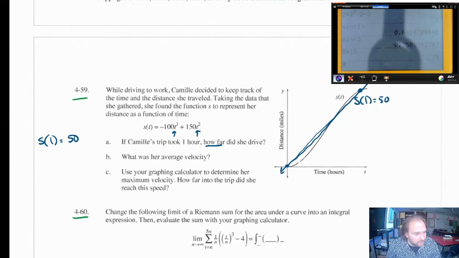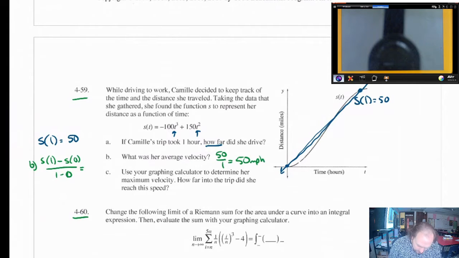Sorry, I had kind of a brain fart. So all we really got to do, if I want to write it all the way out for question B, is s of 1 minus s of 0 over 1 minus 0, which in this case is going to be incredibly easy to do because s of 0 is 0. So it's going to be 50 over 1, which means her average velocity is 50 miles per hour.